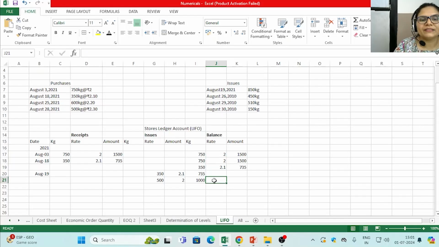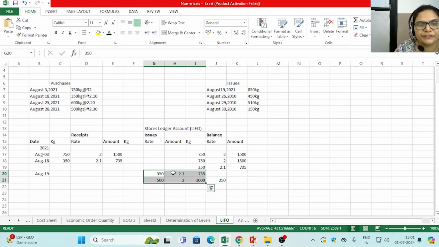Now how much balance is left? Out of 750 we have issued 500. The balance on August 19 is 250 kg at the rate of rupees 2. I think there is a certain mistake.